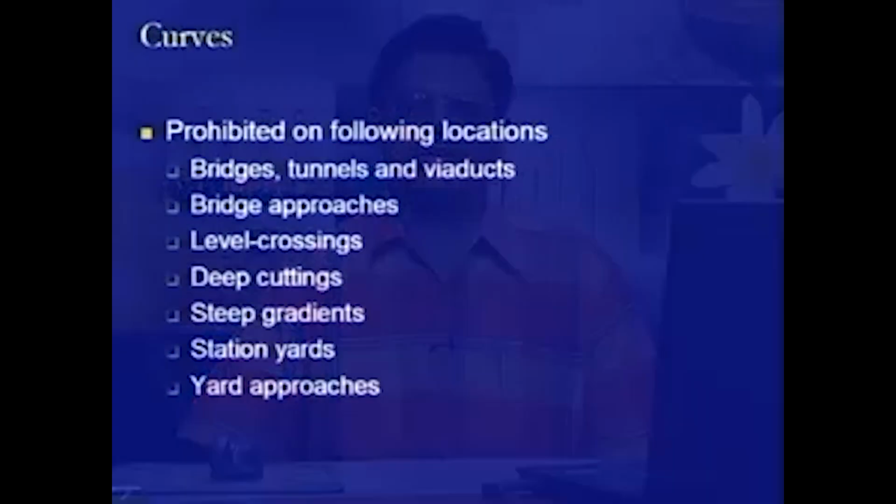The same is the condition for bridges. The driver should be able to see the whole approach of the bridge as well as the bridge, so that he can understand, visualize and make a decision regarding the safety of movement of the train over that bridge before approaching it. Then there are locations like level crossings.